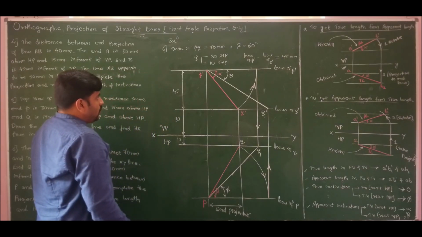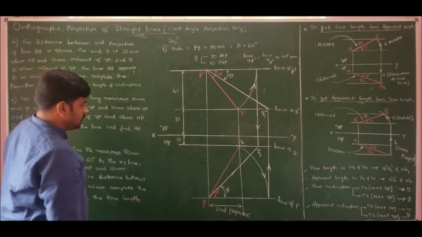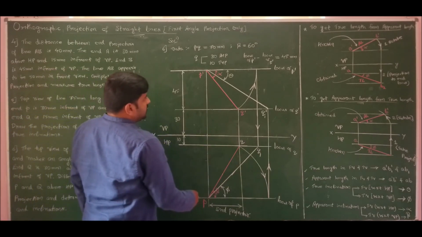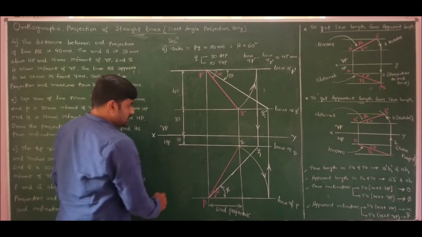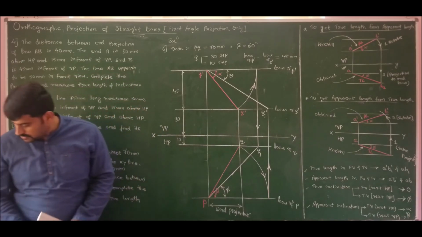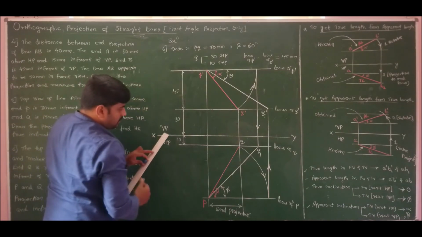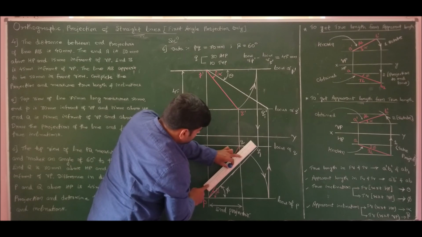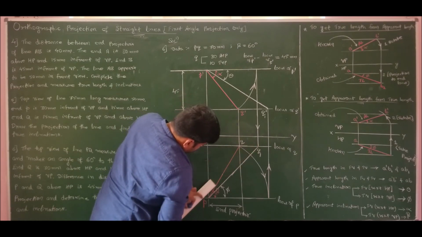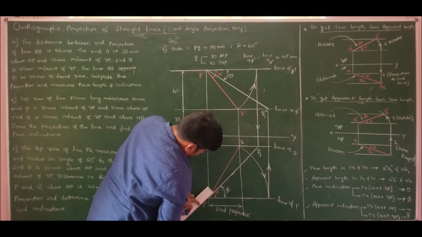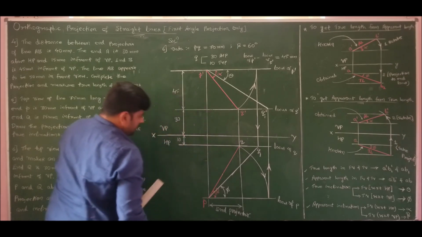Now, what he has asked is determine the true length and inclinations. So, to find the true length and its inclinations, you have to write the answer and make some space here. Now, if I measure the true length, it is 83 millimeters.